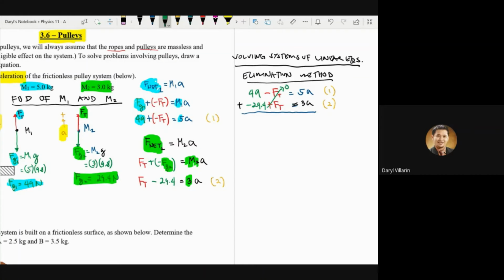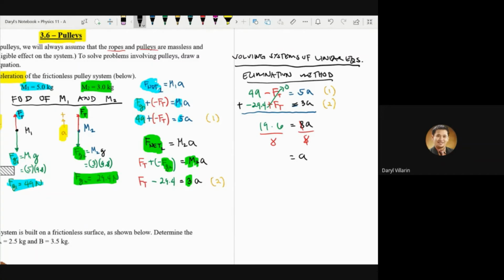Okay, so this will give me what? If I add that one, that would give me 19.6 is equal to 8a. So by adding the two equations, I'm eliminating my FT. And remember, I'm solving for A, which is just dividing both sides by 8.